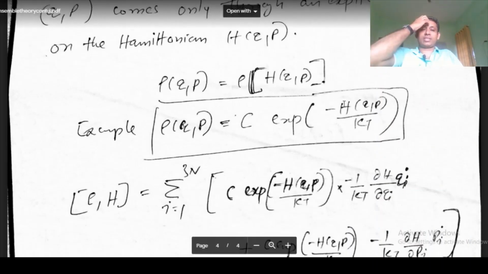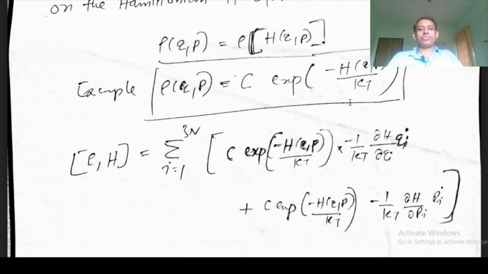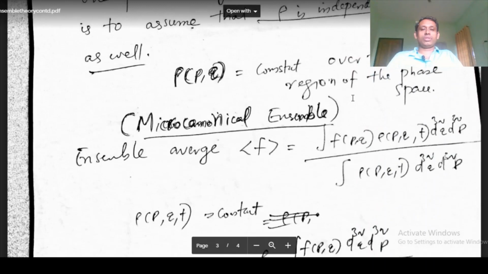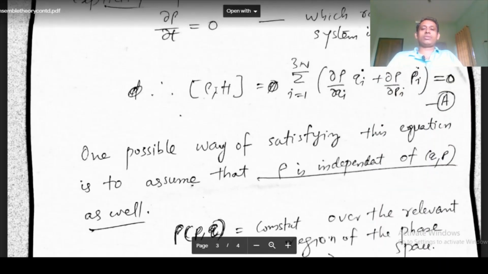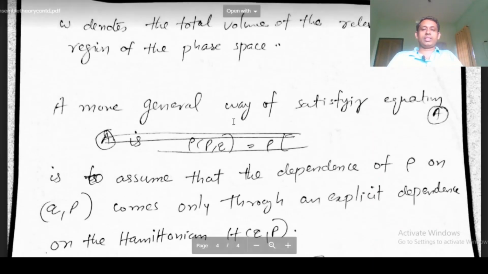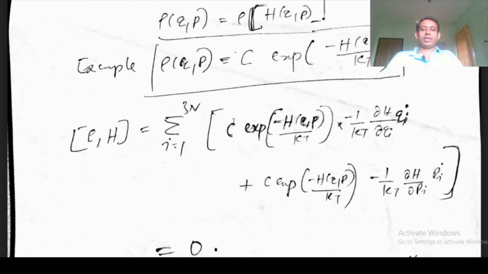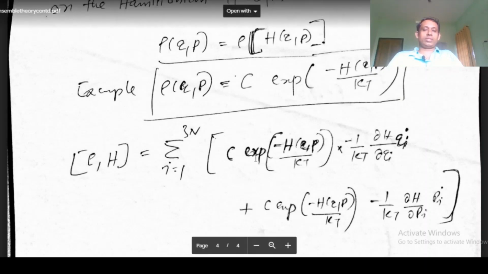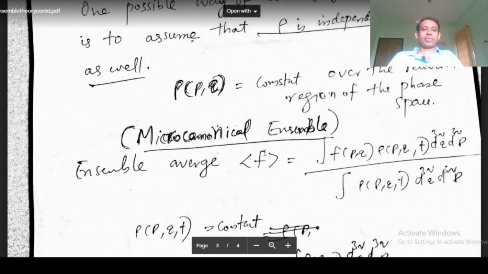If we use this example and check whether the Poisson bracket of rho and h is equal to 0, we take the sum over i equal to 1 to 3n.